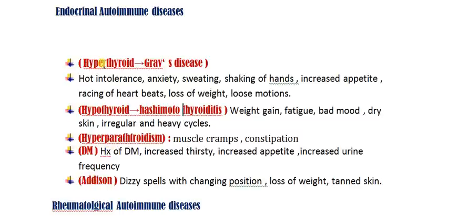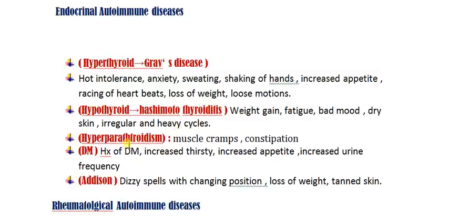For hyperthyroidism, you have to ask about heat intolerance, any anxiety, sweating, shaking of the hands, increased appetite, racing of heartbeats, loss of weight, loose motions. For hypothyroidism, any weight gain, fatigue, bad mood, dry skin, irregular or heavy cycles.